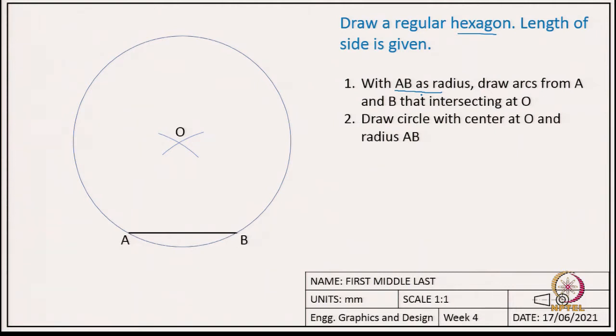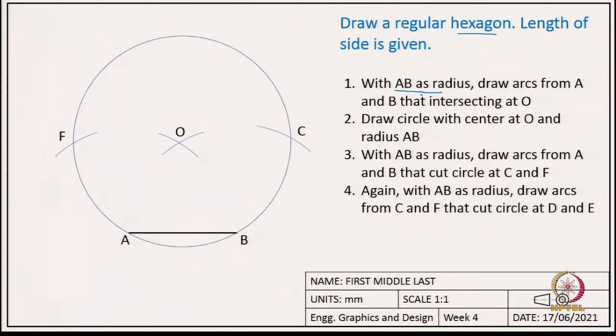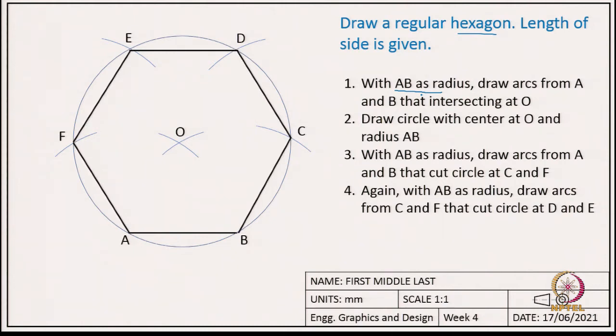While we draw these arcs, the radius will be AB and the centers will be at points A and B. So, one arc from A and the other arc from B. So, we get these new points where it cuts the circle, the points F and C. So, we make 2 more arcs again with the same radius AB, but now with the centers at F and C. So, from F we get this arc where it cuts at point E, and then from point C we make an arc which cuts at point D. So, now we have identified the 6 points of the hexagon on this circle, we just need to connect those points to get the hexagon. So, here is the quick tutorial about how to draw this hexagon.